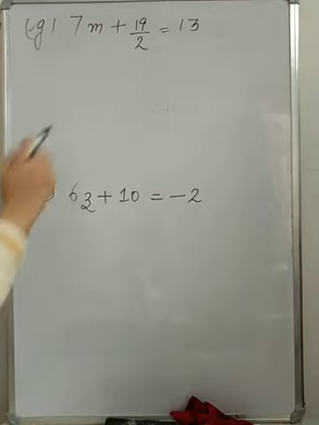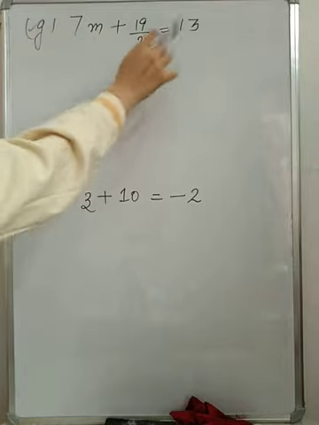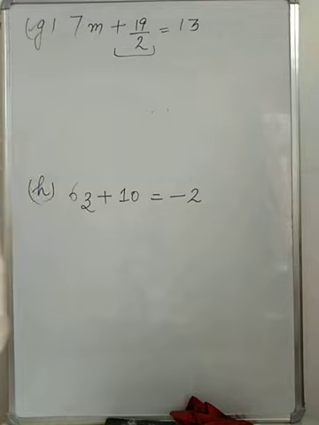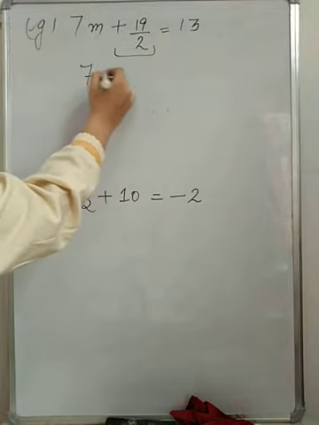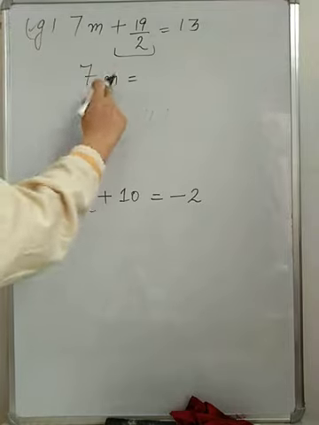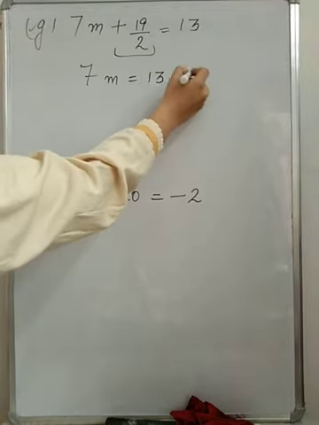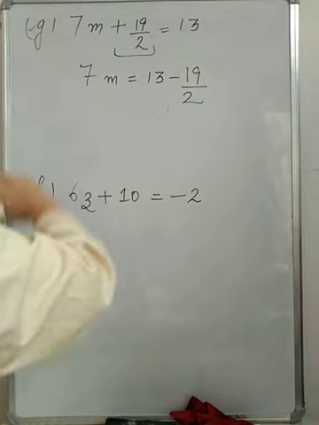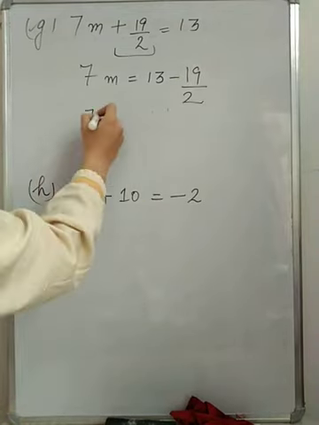In the Z part, they are saying 7m plus 19 by 2 equals 13. See here, plus 19 by 2 is there. Move to the other side. We just have to find the value of the variable. That's why we are just separating that variable. M is the variable here. 13 minus 19 by 2. Now see, you have to take its LCM.